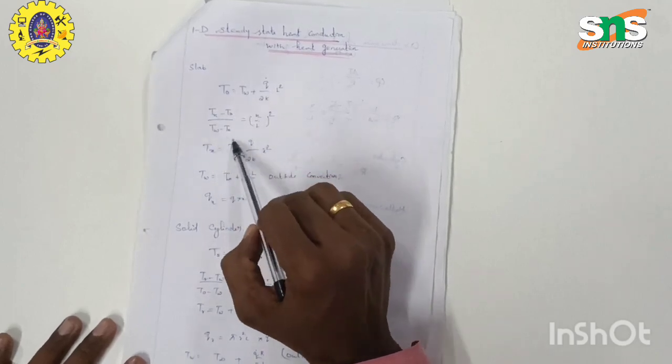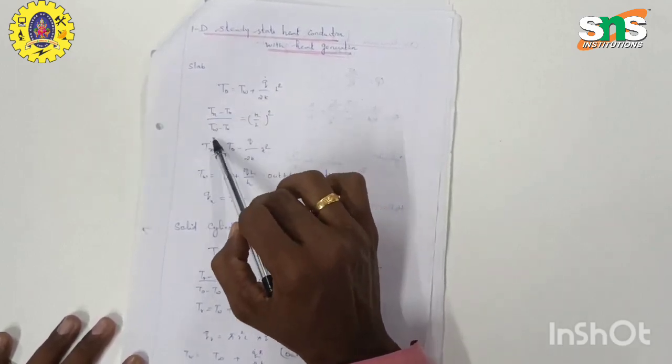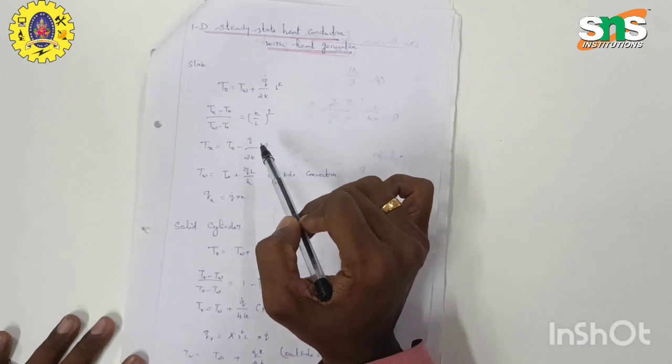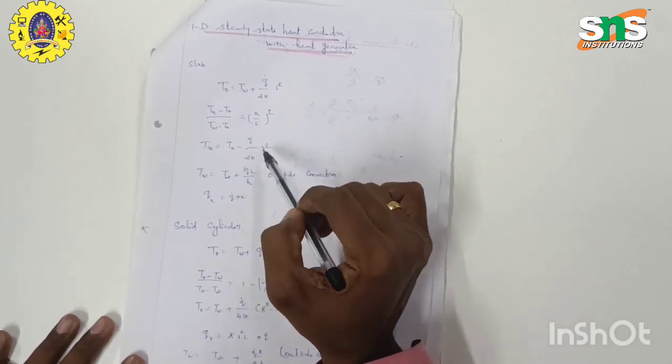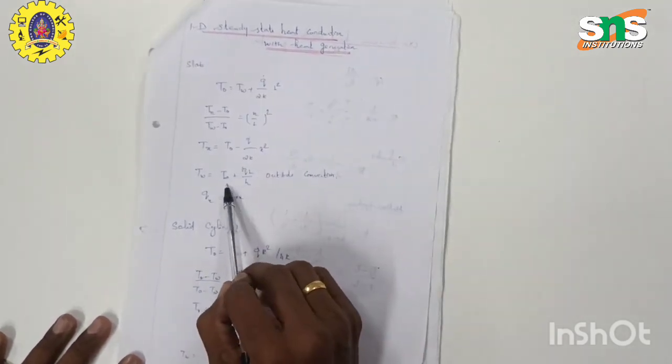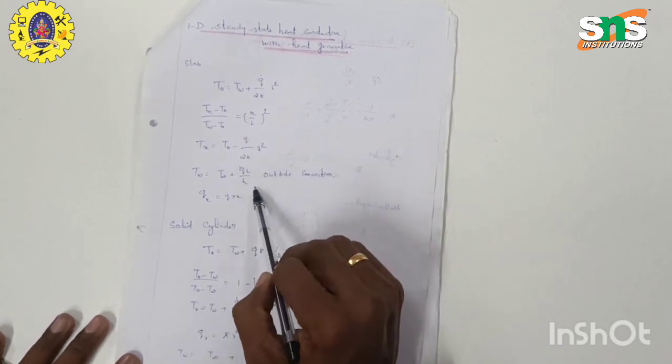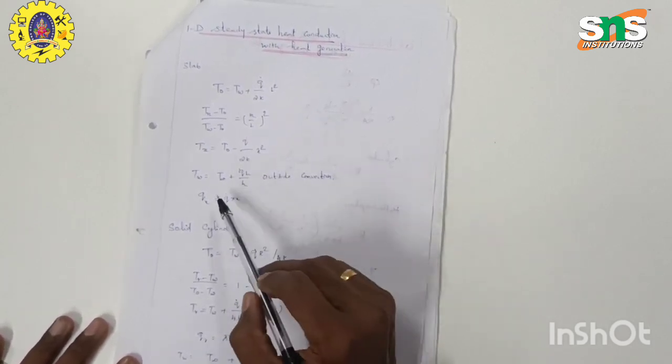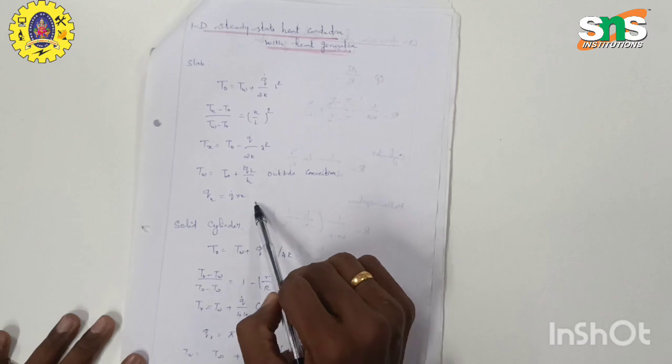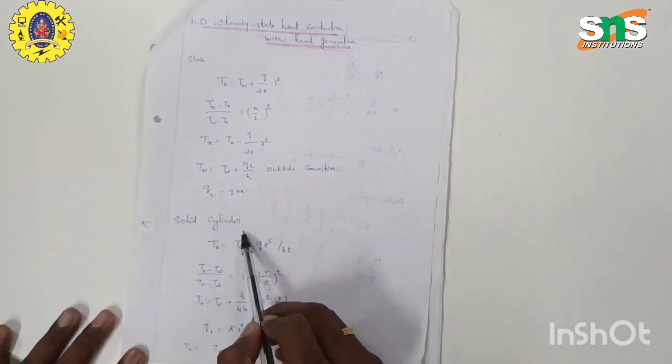So here we need to find the temperature in the slab, T x equals T naught minus Q dot by 2k into x squared, and Tw is equal to T infinity plus Q dot L by h for outside convection, and Q x is equal to Q dot into x. Next is the solid cylinder.